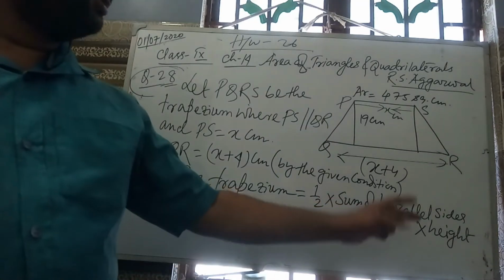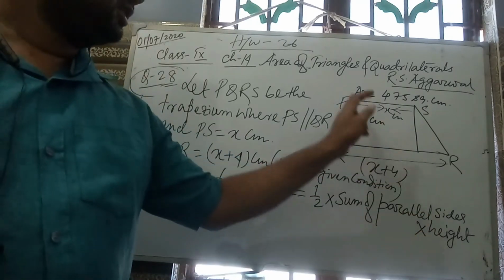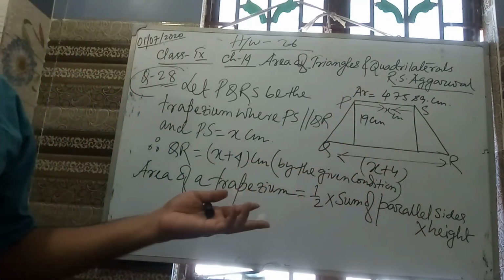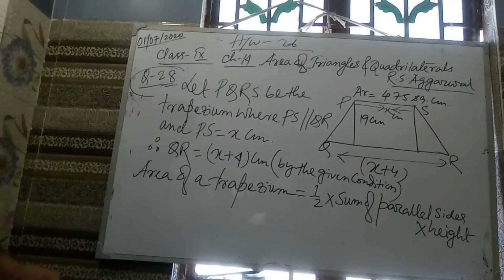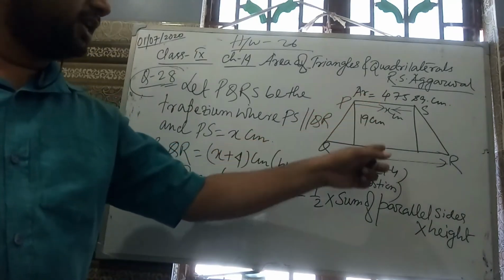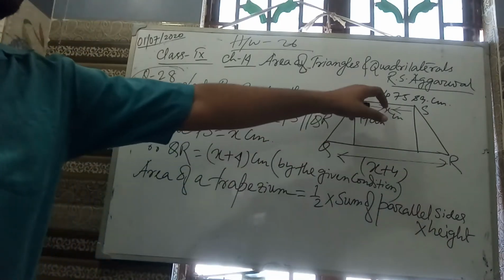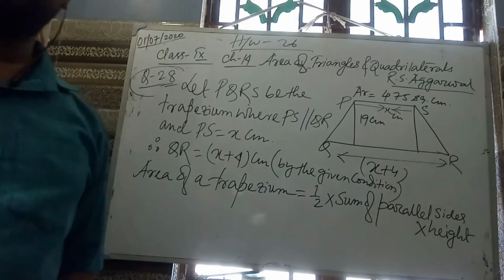Sum of parallel sides means PS plus QR. Height is 19 centimeter, already given. So half into x plus 4 into height 19 will give you 475.